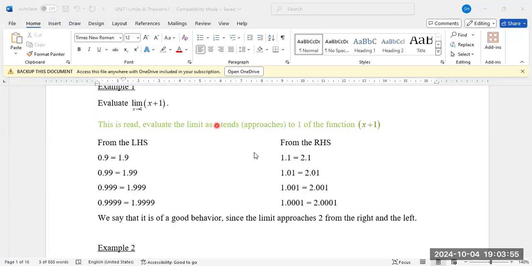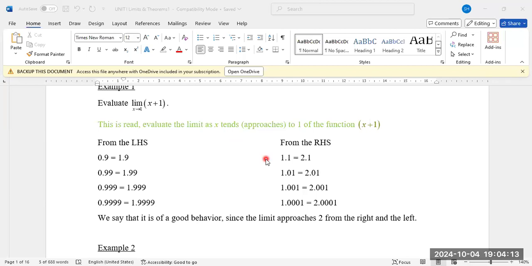And then we agree that the left-hand side is going to be x tends to 1 superscript negative, right? All right, watch me now. Don't go too far now, don't blink.